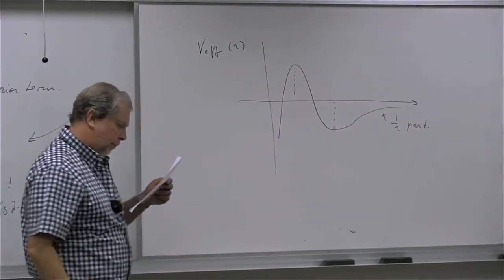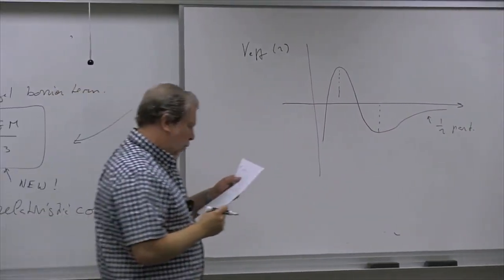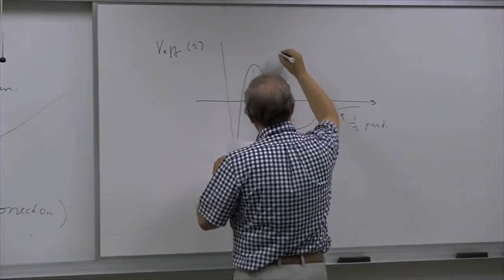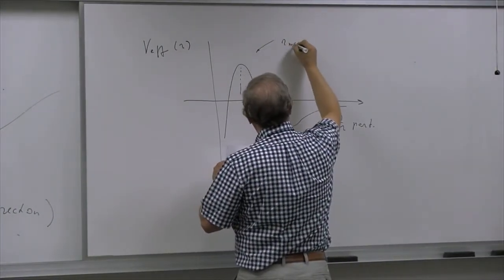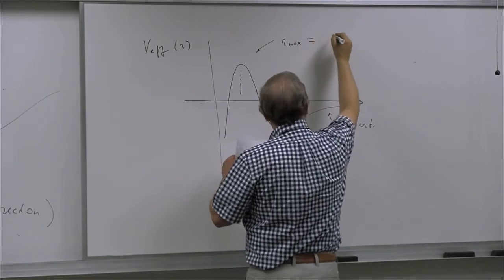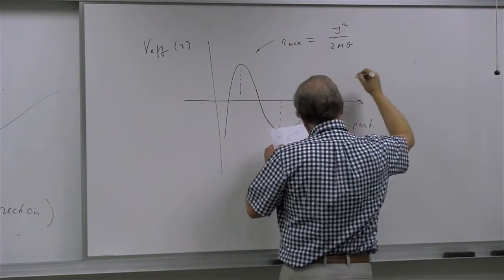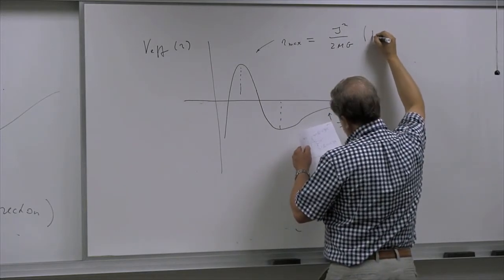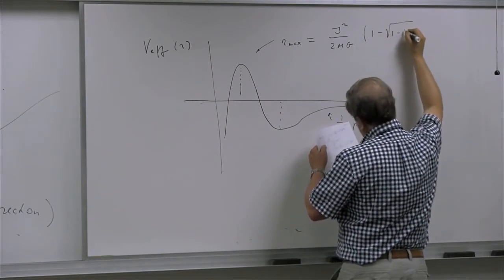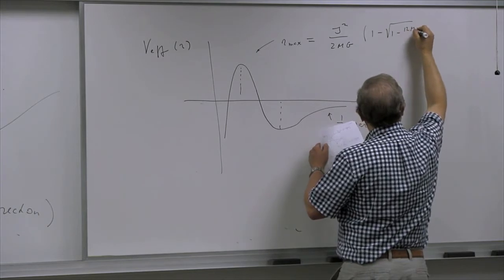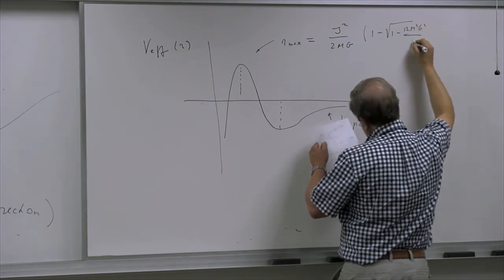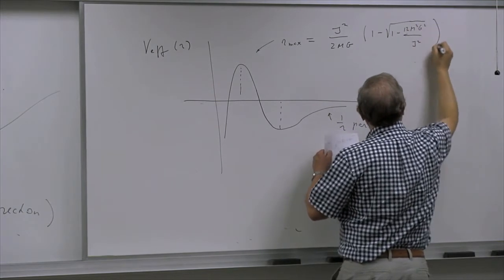So you can find that this r max here is equal to j squared divided by 2mg times 1 minus the square root of 1 minus 12 m squared g squared divided by j squared, for example.